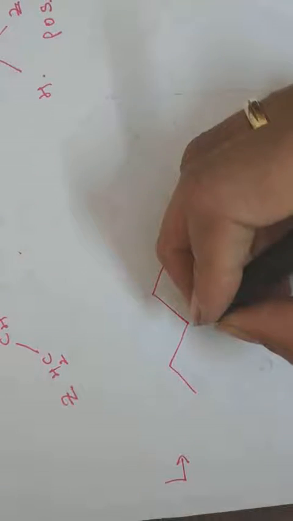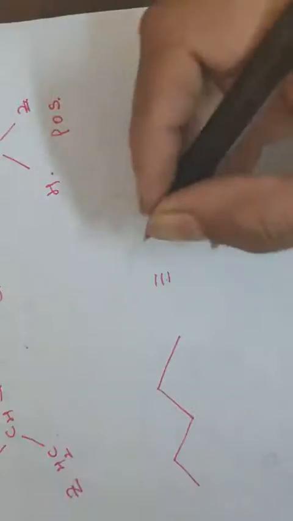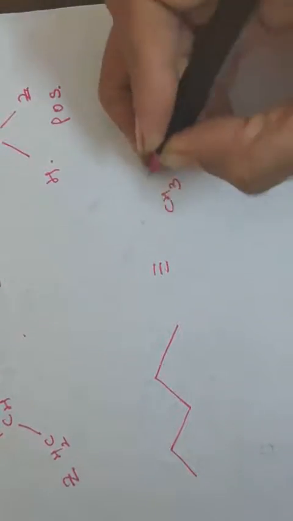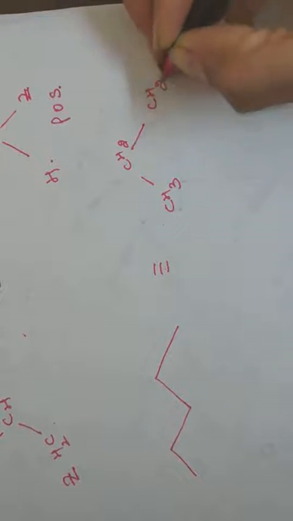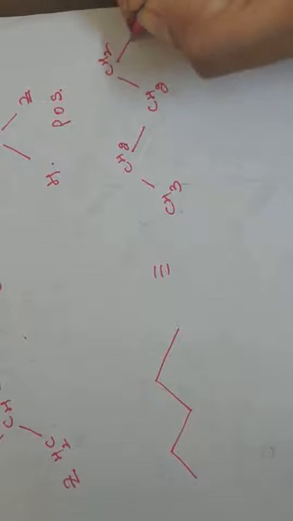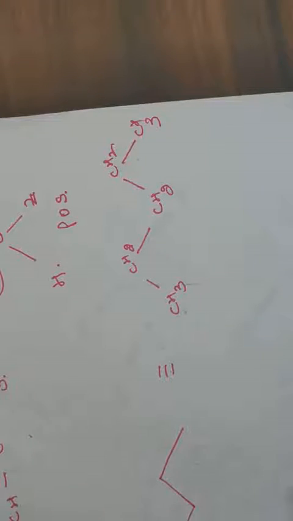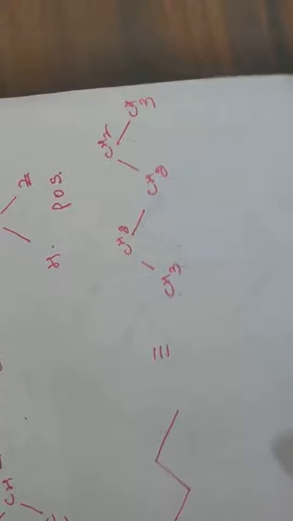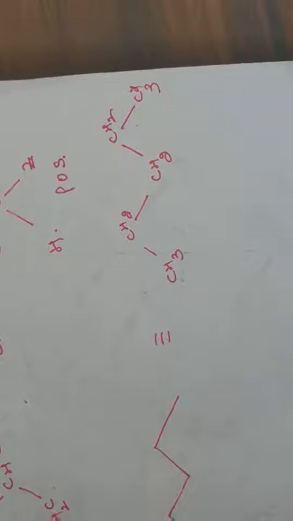So this is equivalent to CH3, CH2, CH2, CH2, CH3. Is any chiral center present in the molecule? No chiral center is present. So the protons will be either homotopic or enantiotopic.